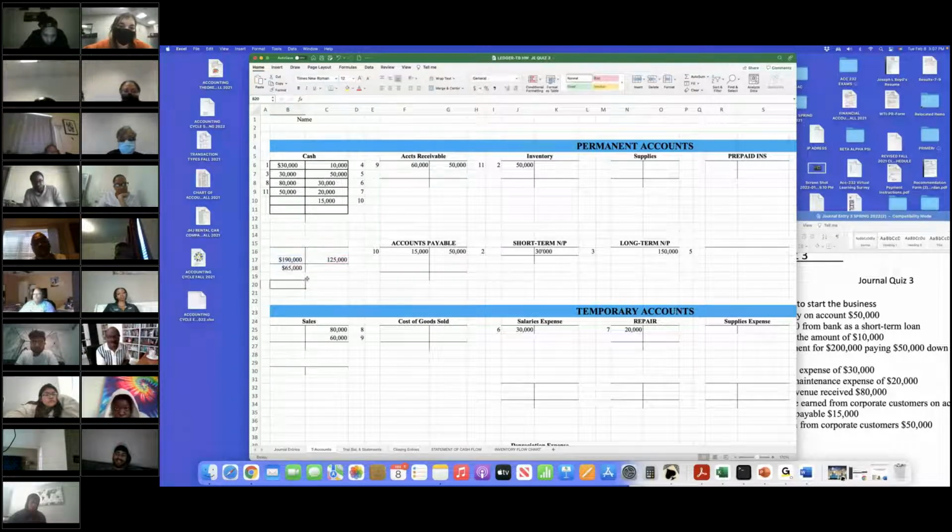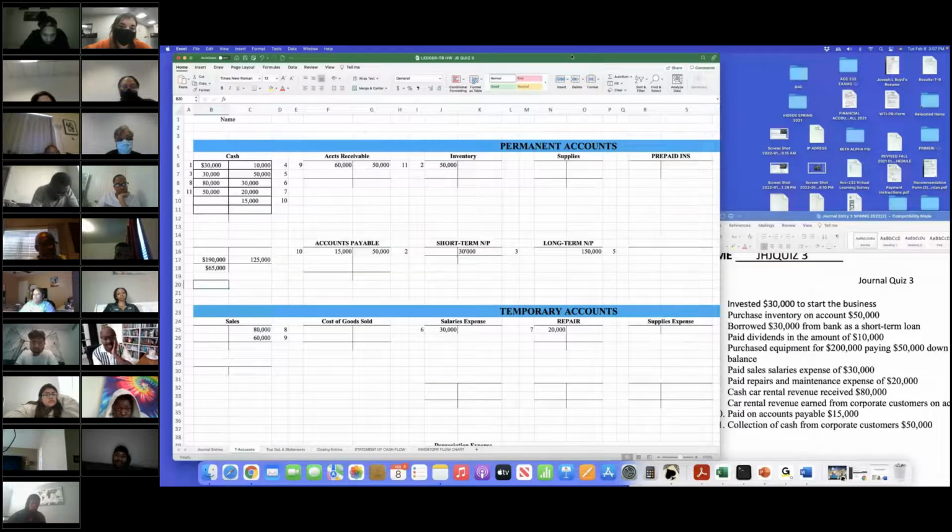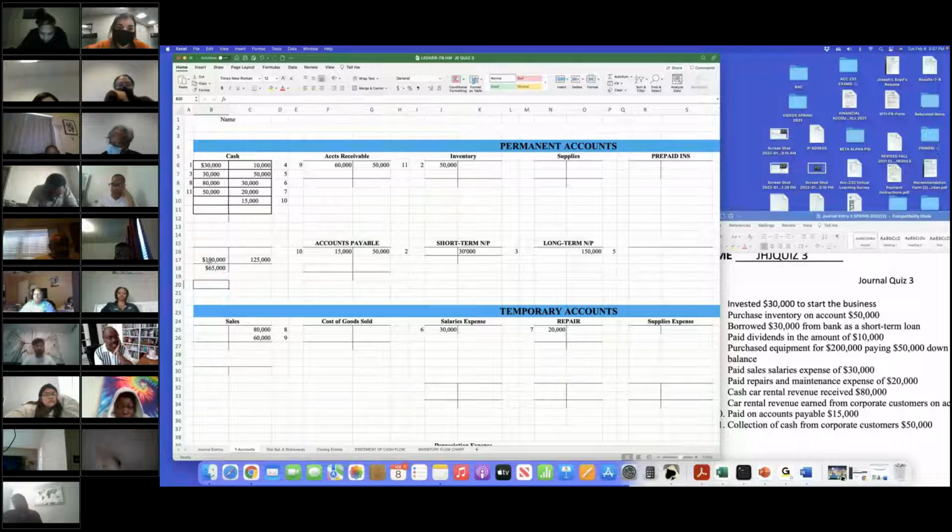So we do an auto sum, and then we put an equation, and this is why we use Excel: equal, parentheses, we click on the 190, minus, we click on the 125, we close the parentheses, and it's calculating it for us automatically.